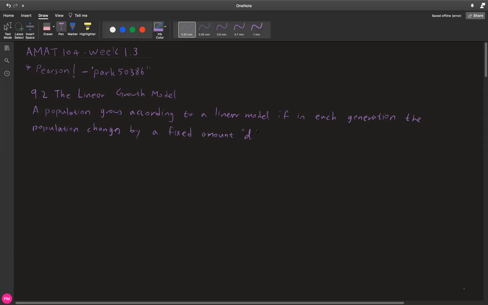So this is a mathematical notation, and this stands for the common difference.